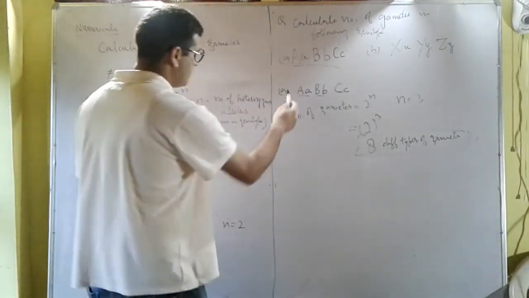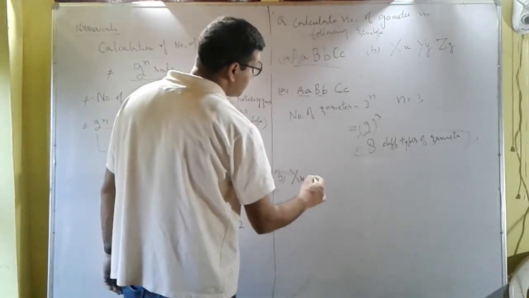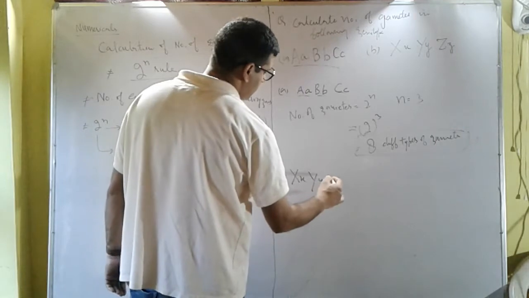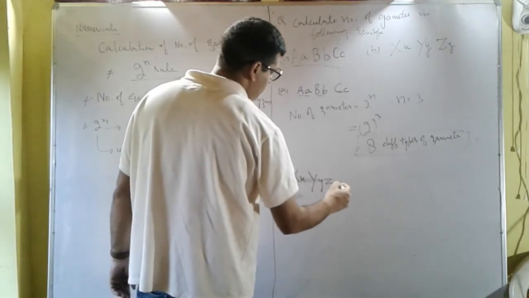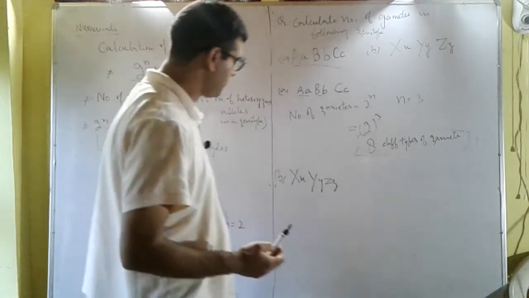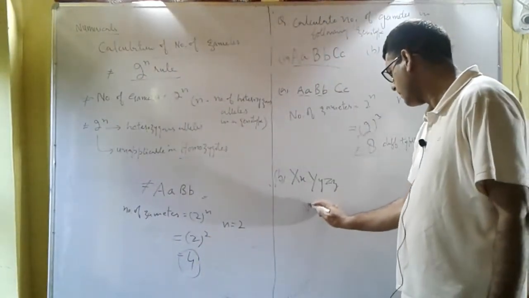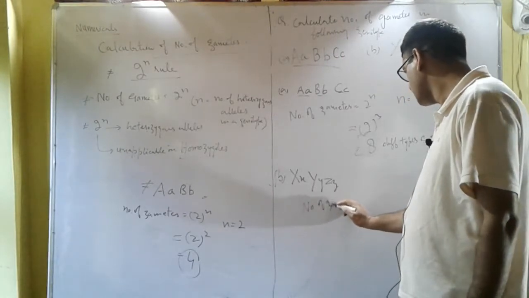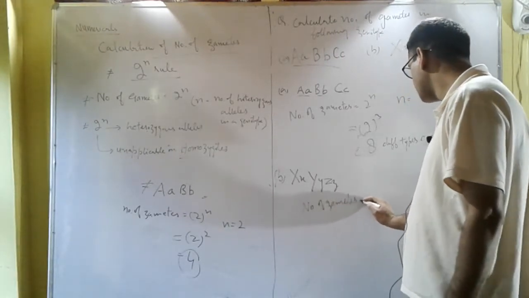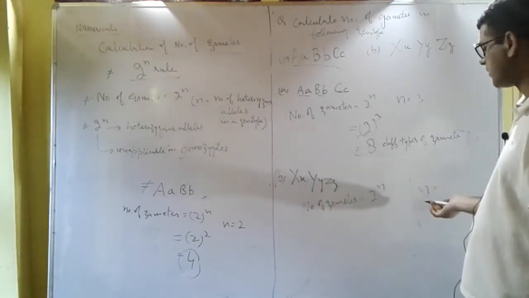Same is the case, we have B. We have capital X, small x, capital Y, small y, capital Z, small z. So number of gametes formed here: we have the rule 2 raised to the power n. What is n? Number of heterozygous alleles.